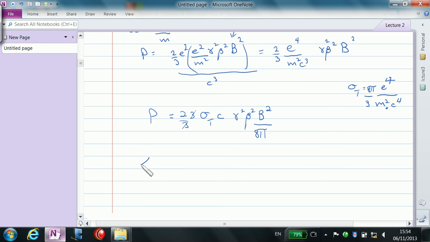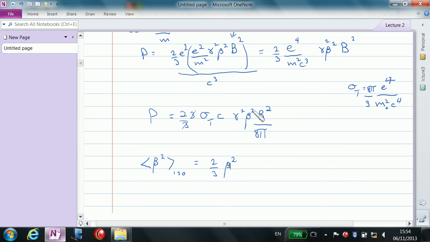Now, if I average over an isotropic distribution, that's equal to 2/3 of the beta squared that I assumed when it was just perpendicular, because beta squared is equal to beta perp squared plus beta parallel squared.